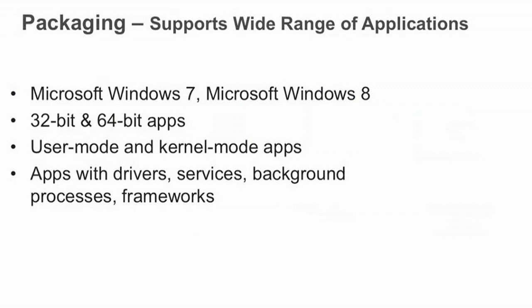It also supports both user mode and kernel mode apps, so complex applications like antivirus that may run in kernel mode are also supported by this packaging. Also, with the app containerization, you can package in drivers or frameworks. For example, you might have an app that has a .NET dependency or a Java dependency that can be packaged in along with the app.